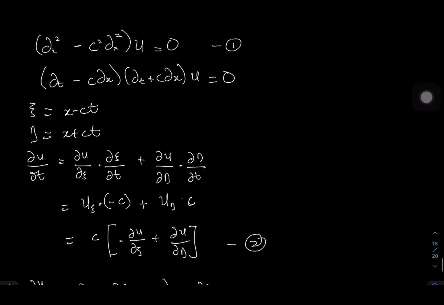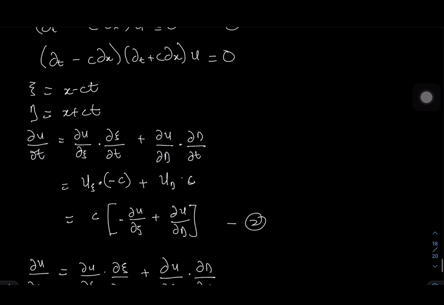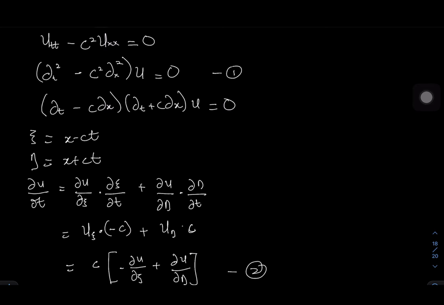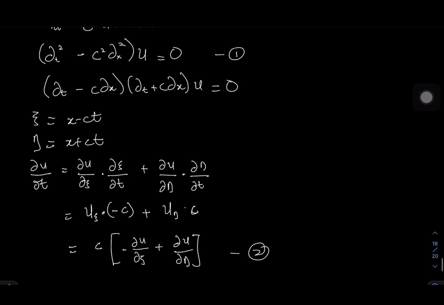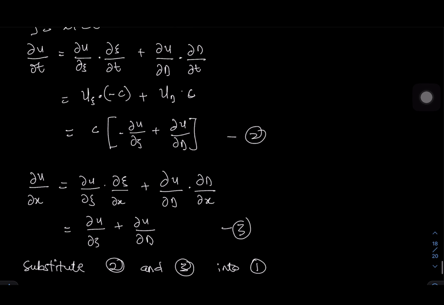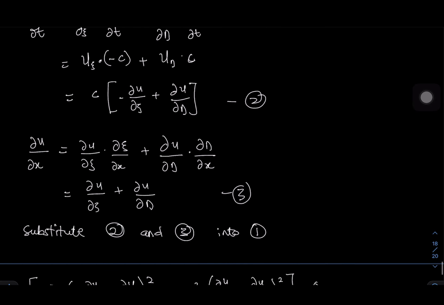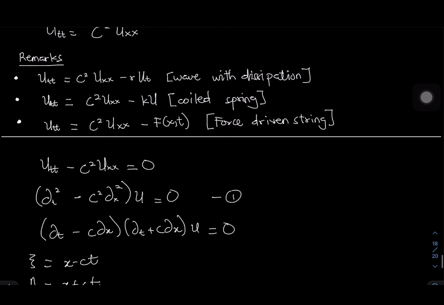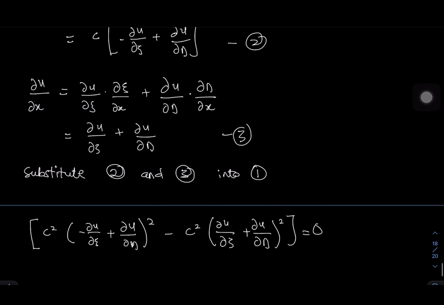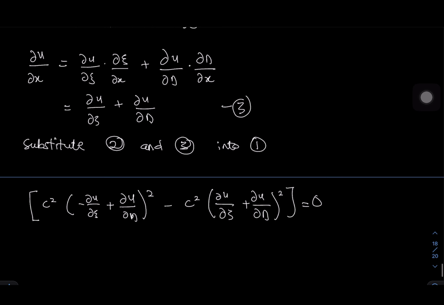Okay, because in equation 1 you have that being equal to 0. So del t here means del u del t, right? So del u del t squared, and we know what del u del t is. You square that, you put that here, then you do the same thing for c squared del u del x, and that is going to give you that. So that's why we have this equation, right?